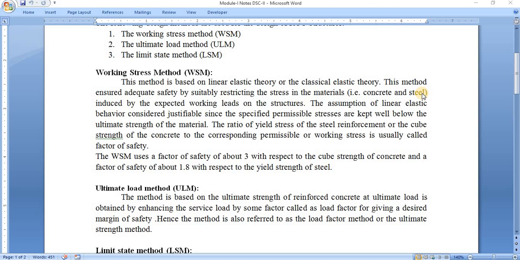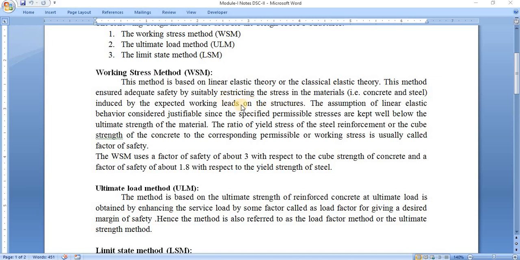We are going to restrict the stress induced in these materials below that limit only, so that it will ensure adequate safety. So by inducing working loads on a structure, it should be loads, sorry, while typing it has become leads.